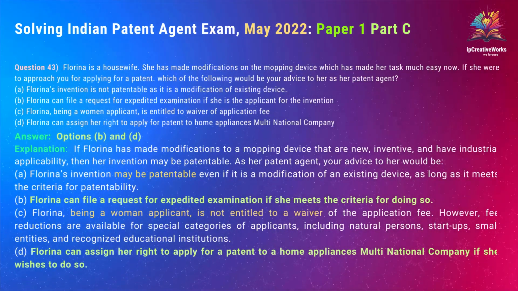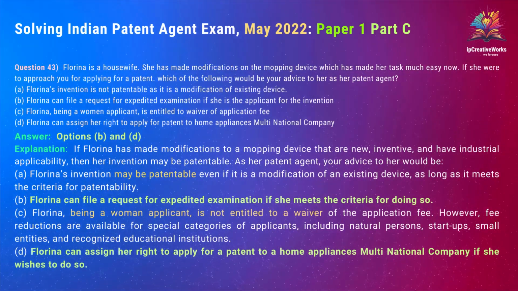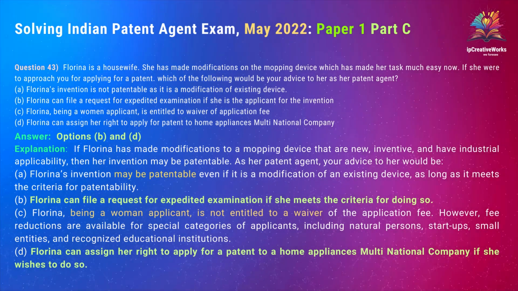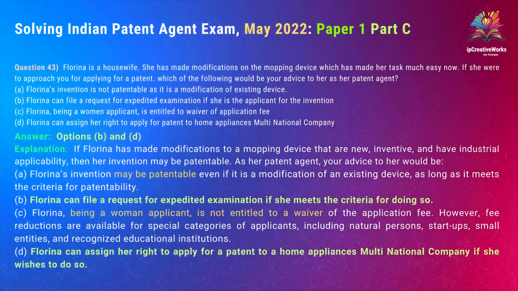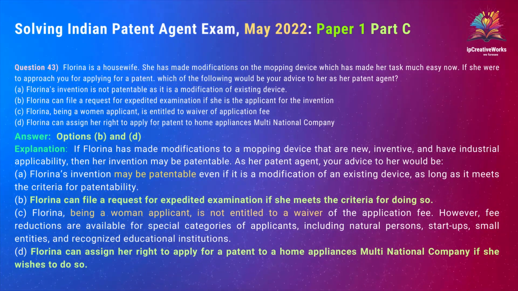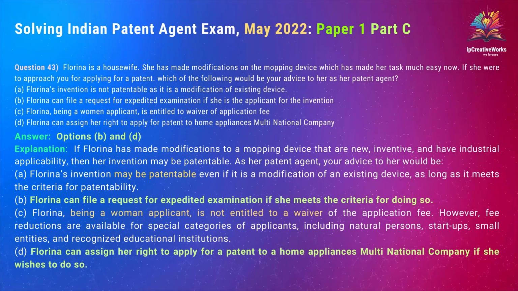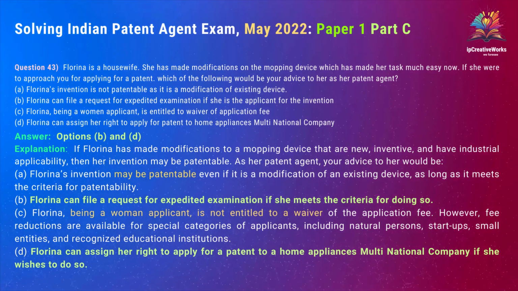Question 43. Florina is a housewife. She has made modifications on the mopping device which has made her task much easier now. If she were to approach you for applying for a patent, which of the following would be your advice to her as her patent agent? A. Florina's invention is not patentable as it is a modification of existing device.